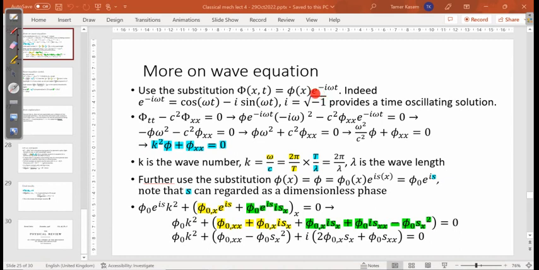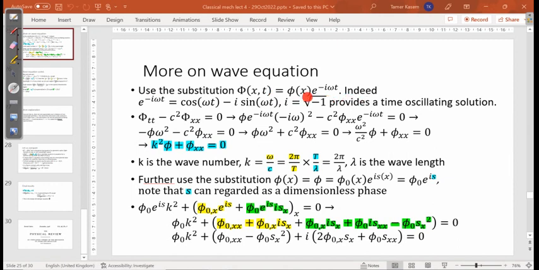And as you remember, e power negative i omega t is cosine omega t minus i sine omega t. This is the well-known de Moivre's relation, and it will be useful since we are speaking about a wave that's oscillating, to introduce the trigonometric identity or the trigonometric functions. And working in terms of the exponential is very efficient and helpful and simplifies the algebra.